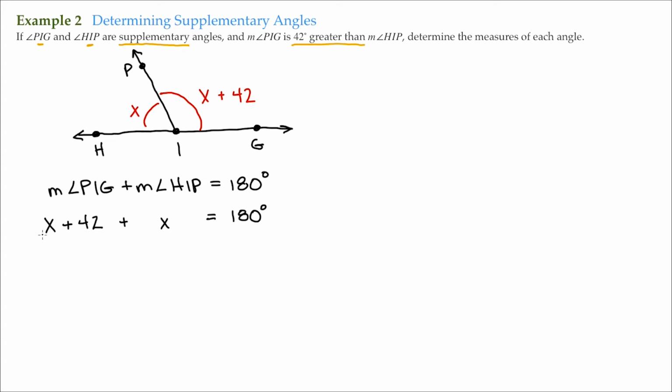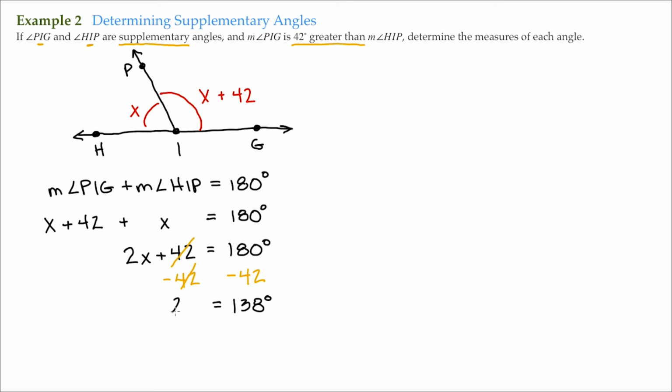So now I have X and another X, so this becomes 2X plus 42. That's equal to 180 degrees. I can then go ahead and subtract 42 from either side. 42 minus 42, those cancel, and 180 minus 42 is 138 degrees.